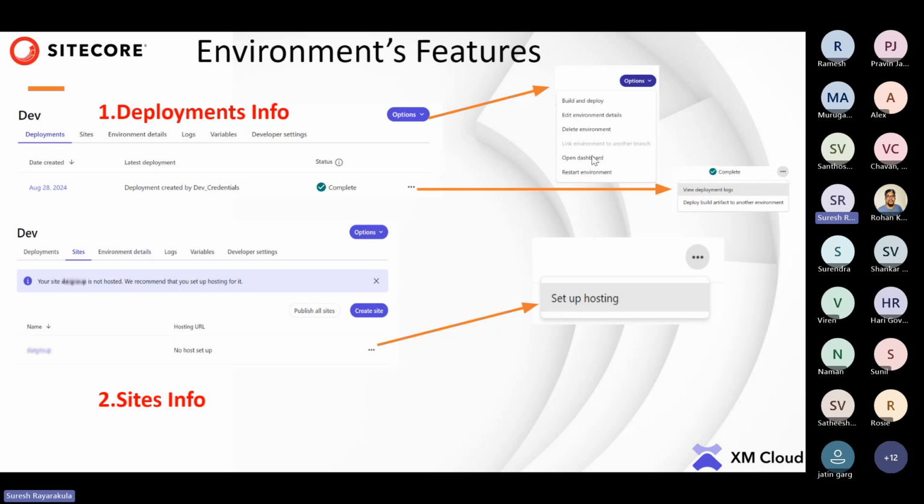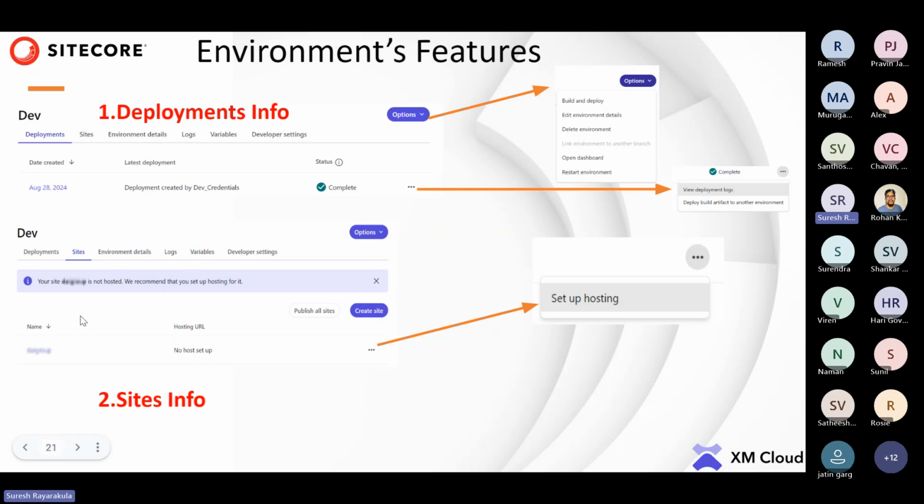If something is running incorrectly, or you want to restart the environment, we have the restart environment option here. Under sites, we can see two options. If you want to create a new website, we can create one in a particular environment.